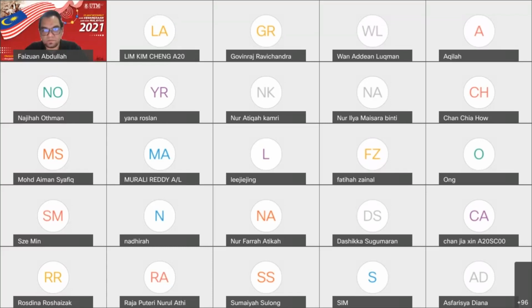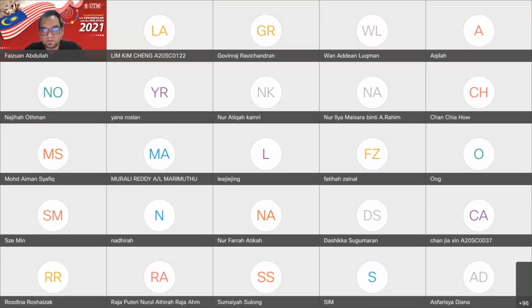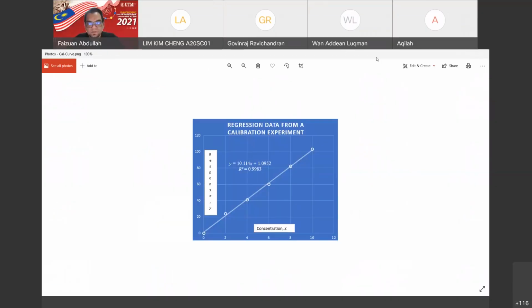Right, can you see the photo again of the linear calibration? Okay, so what can we do with this calibration plot? After the instrument detects the absorbance, we tell the instrument, okay, this is 0 ppm, and we analyze 0.1, and we set in the instrument this is 0.1 ppm, 0.2.